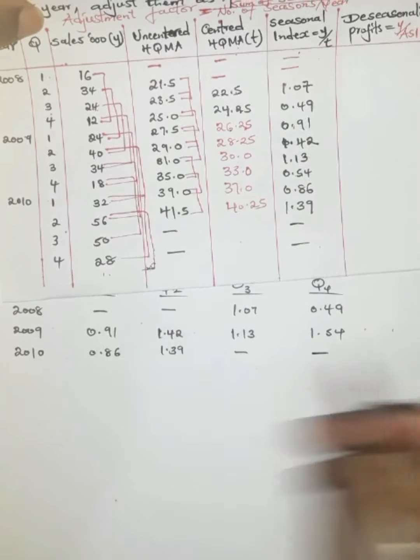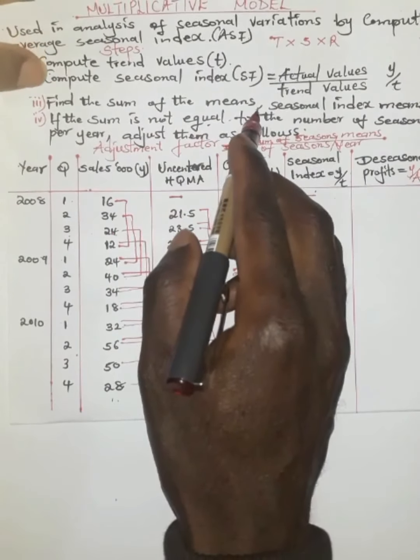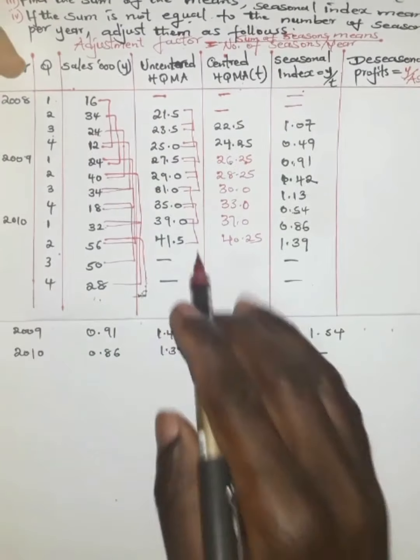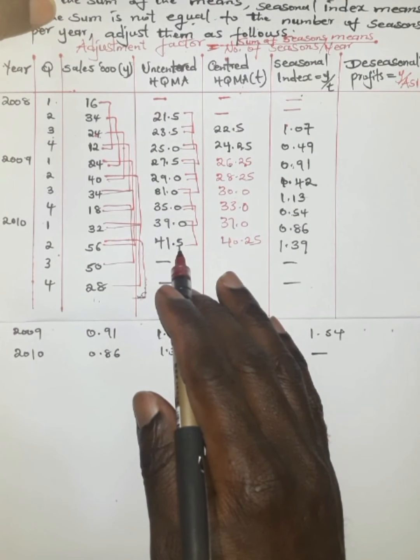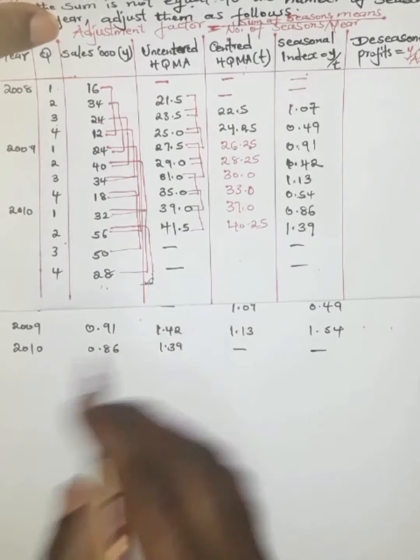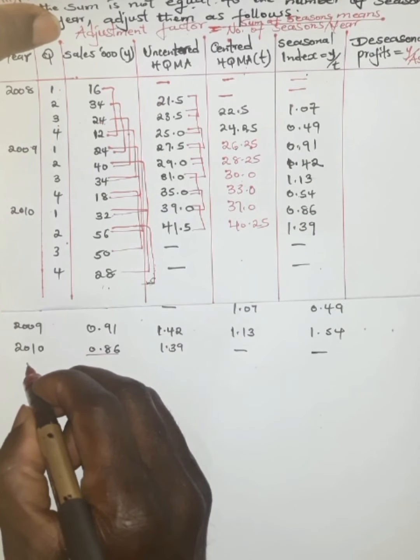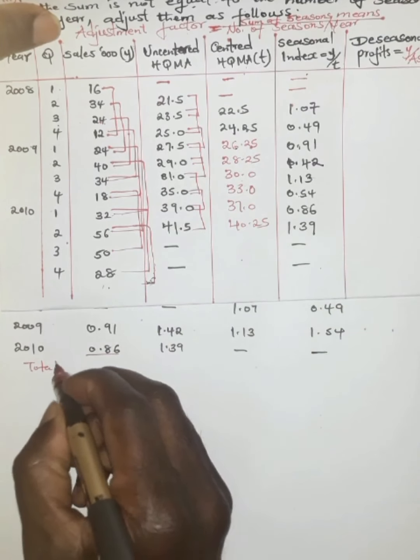So after that, for us to get the sum of the means, we shall first get their sum and then get the average of those means. So the sum of the means will be this one. We now get the total of those means.